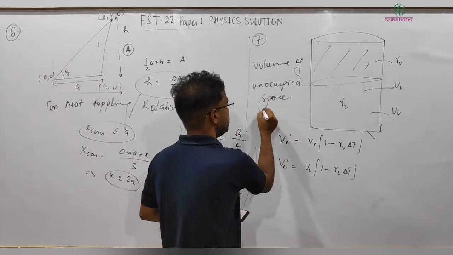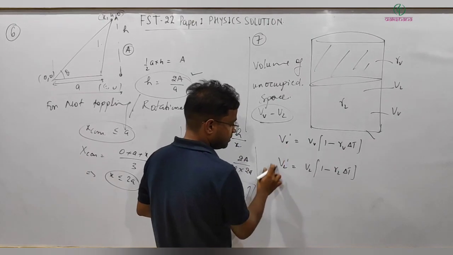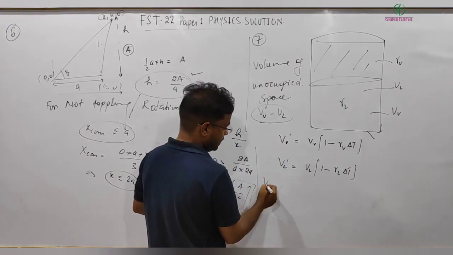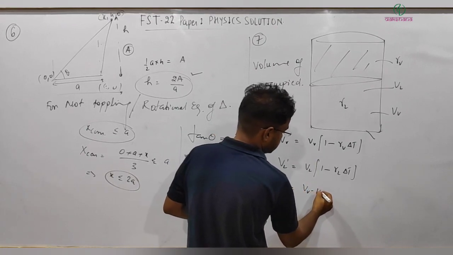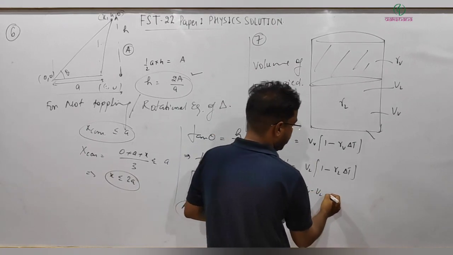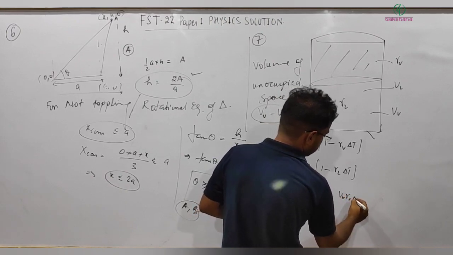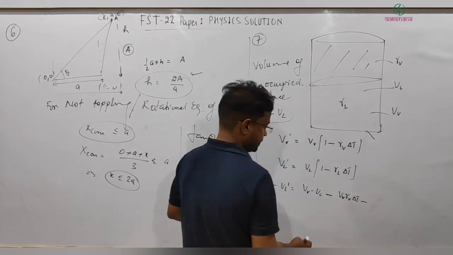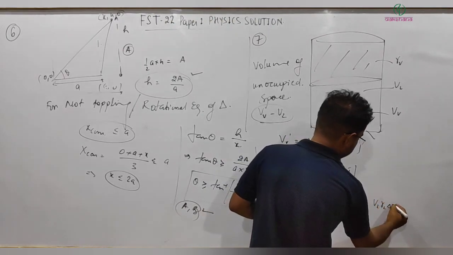That can be written as volume of container minus volume of liquid. So finally, VV prime minus VL prime will be VV minus VL, minus VV gamma V delta T, plus VL gamma L delta T.